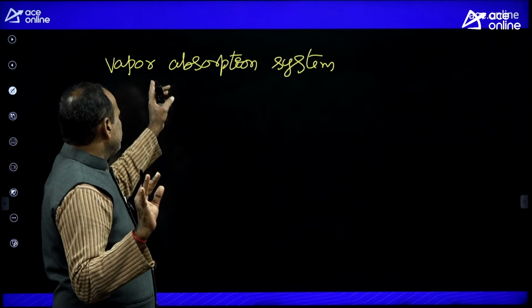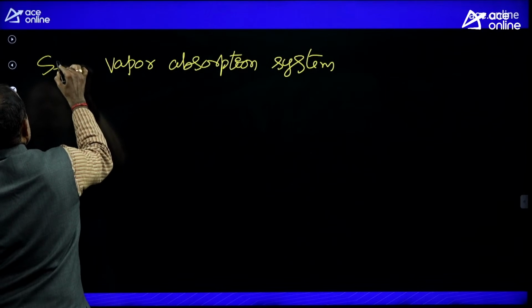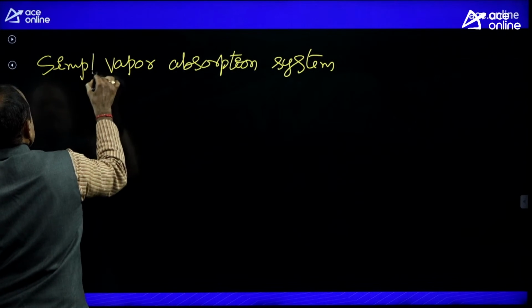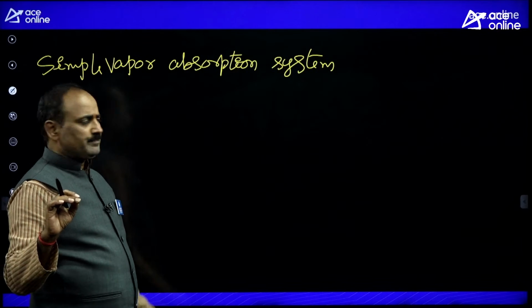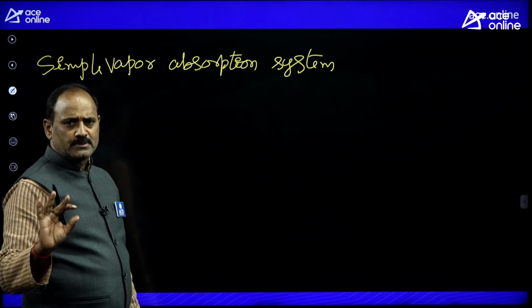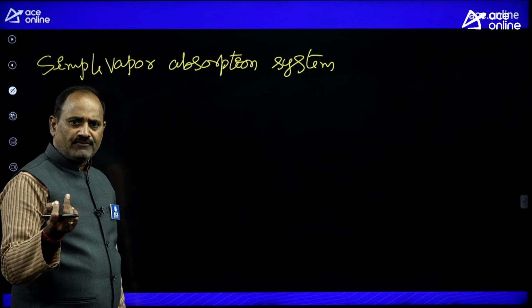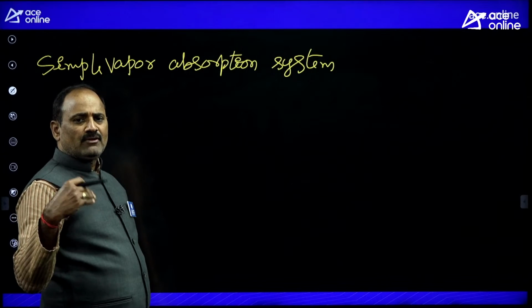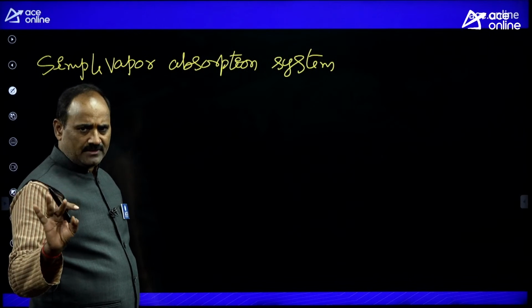But for GATE point of view, simple vapor absorption refrigeration system is sufficient, right? Those who are preparing for ESE exam, in addition to simple vapor absorption refrigeration system, you try to go through the actual vapor absorption refrigeration system, lithium bromide vapor absorption refrigeration system, Electrolux vapor absorption refrigeration system.